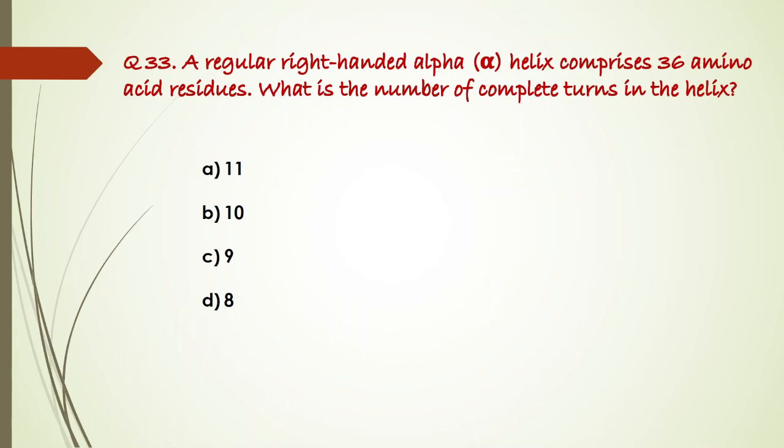A regular alpha helix comprises 36 amino acid residues. Then what is the number of complete turns in the alpha helix? Just try to figure out what is the other name for alpha helix in terms of numbers. We have different helices like 3-10, like that. So what is the name for alpha helix on the basis of numbers?